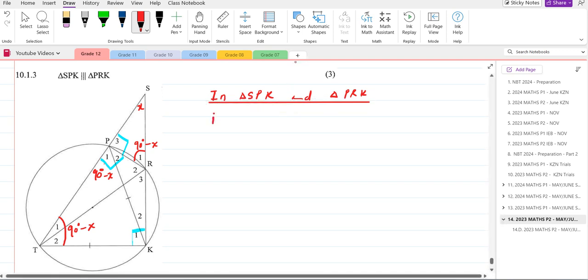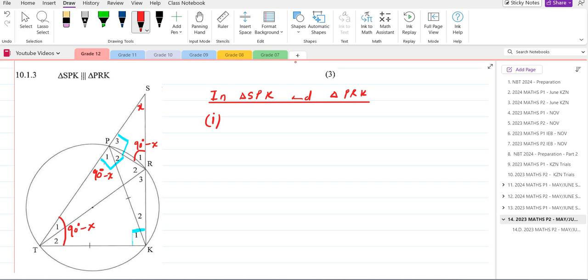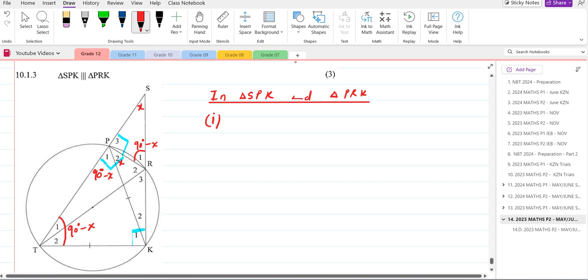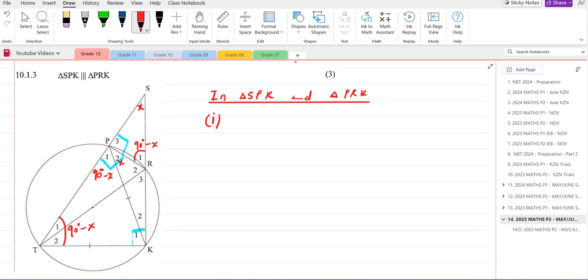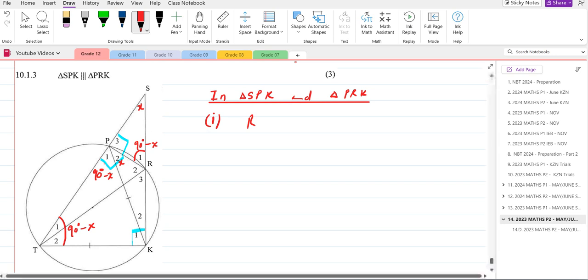Right, so reason number 1. Remember, angle P2 is X. Let's work out angle PRK.